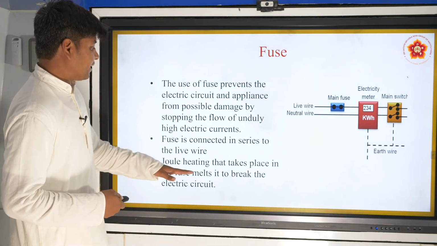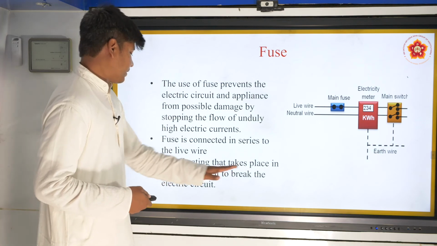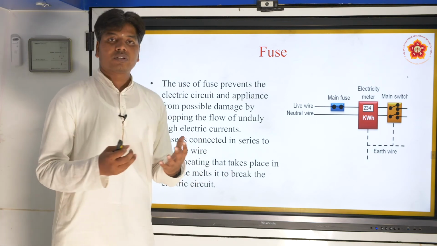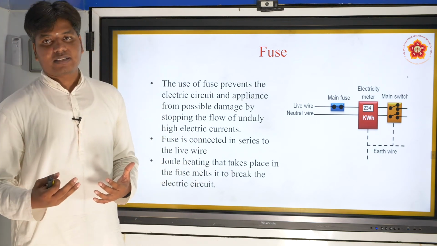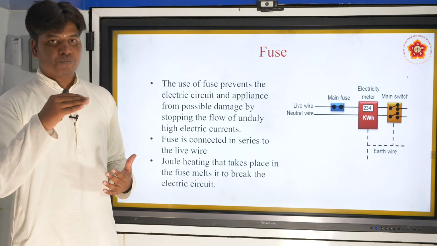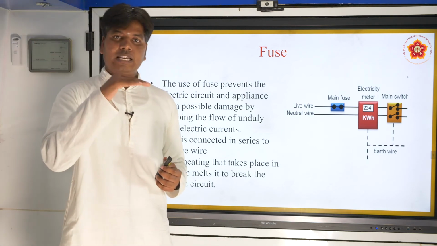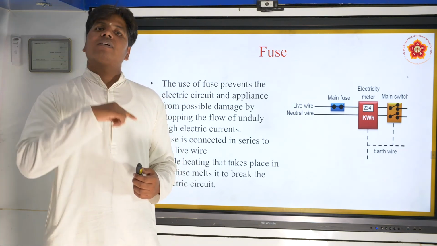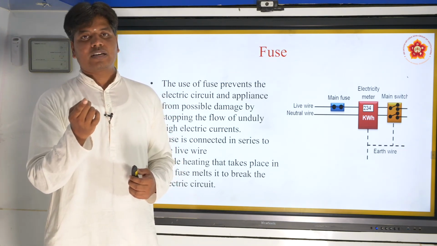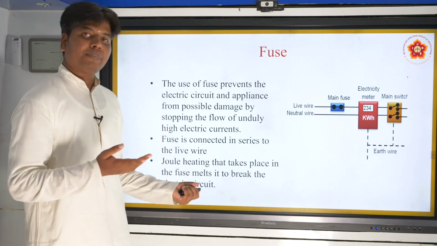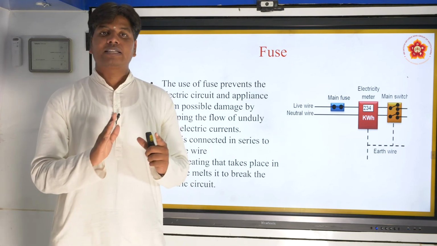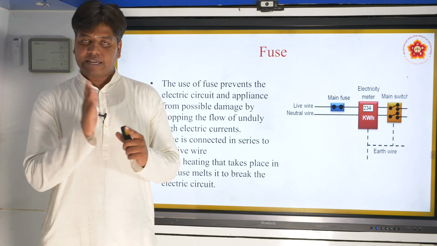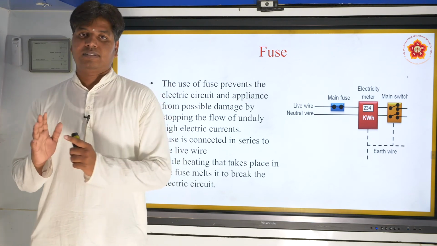Joule heating in the fuse melts it to break the electric current. The fuse is designed to allow only some threshold current. If it exceeds that, joule heating happens, it melts, breaks the circuit and protects the appliance.